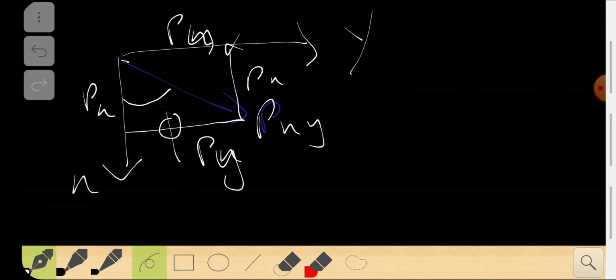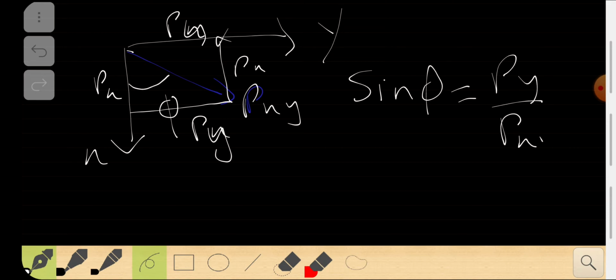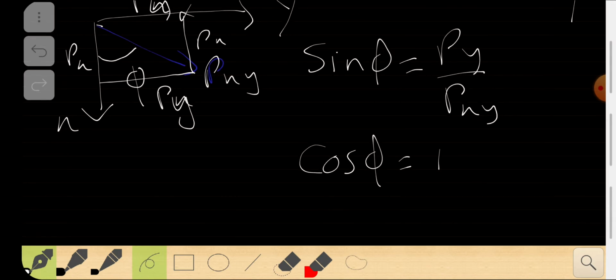Now if you take the sine of phi, you get the opposite, which is py, by the hypotenuse, which is pxy. Similarly, if you find cos phi, you get p of x by p of xy.